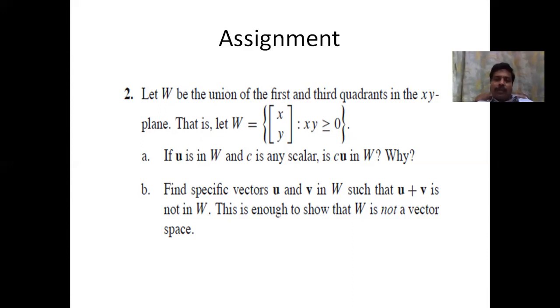Of course, in the first quadrant, x and y are both positive and their product is also positive. So this is an expression to tell that it is a union of the first and third quadrants. Now the problem is, if U is in W and C is any scalar, is Cu in W? Why?